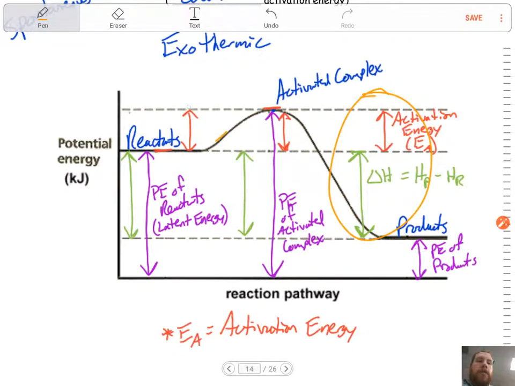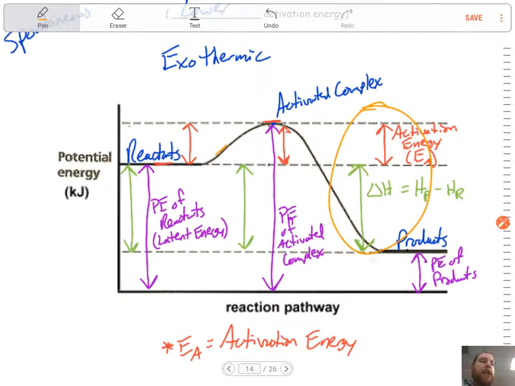We talked about net ionic equations; like your net paycheck is how much you actually take home, even though you have this thing called gross. The net energy is your delta H, but the gross energy associated with the system includes that activation energy. So you've got to put it in at the beginning, but you're going to recoup that in the end. And in this case, with an exothermic reaction, you also get back more energy than what you put into it because it's releasing it.